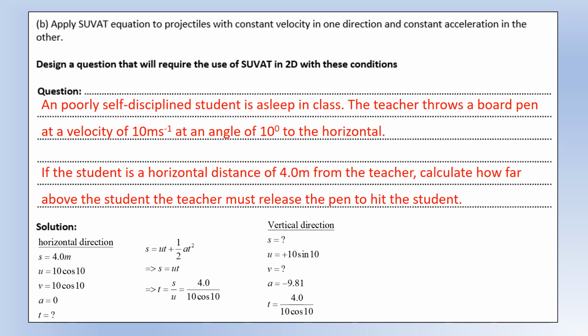Then we can start thinking about the vertical direction. We don't know the displacement, we want to find it. We know the initial velocity. We don't know the final velocity, but we do know acceleration and time.